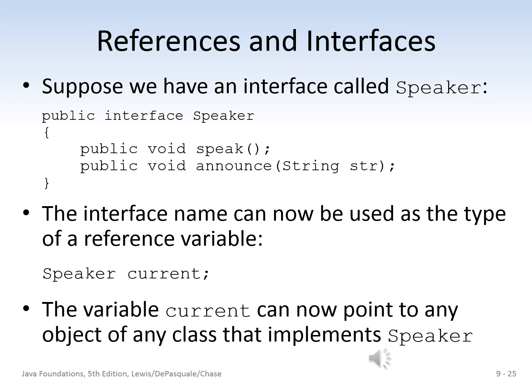So we can create a new Speaker reference variable. In this example on this slide, we're naming it current. And that object reference variable can now point to any object of any class that implements Speaker. If you've been paying attention to polymorphism and understand the concepts we've been building here, you can clearly see where this is going.